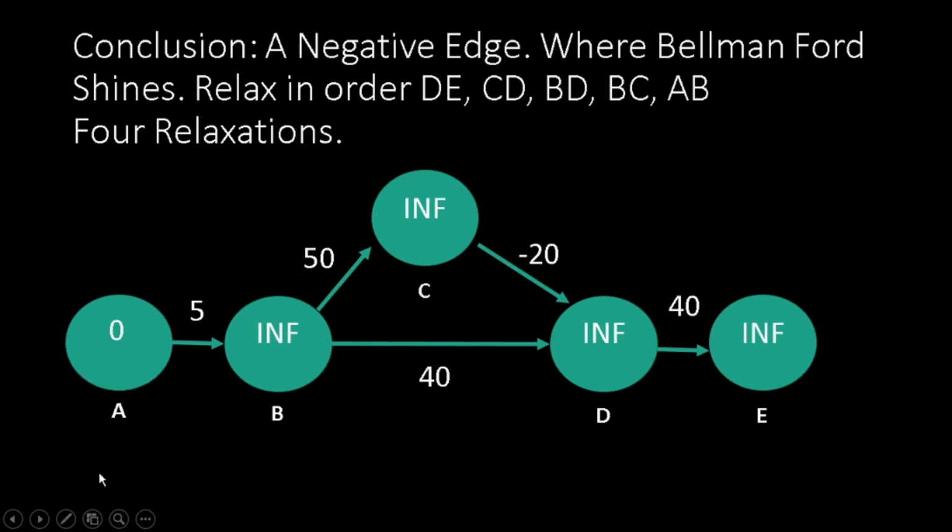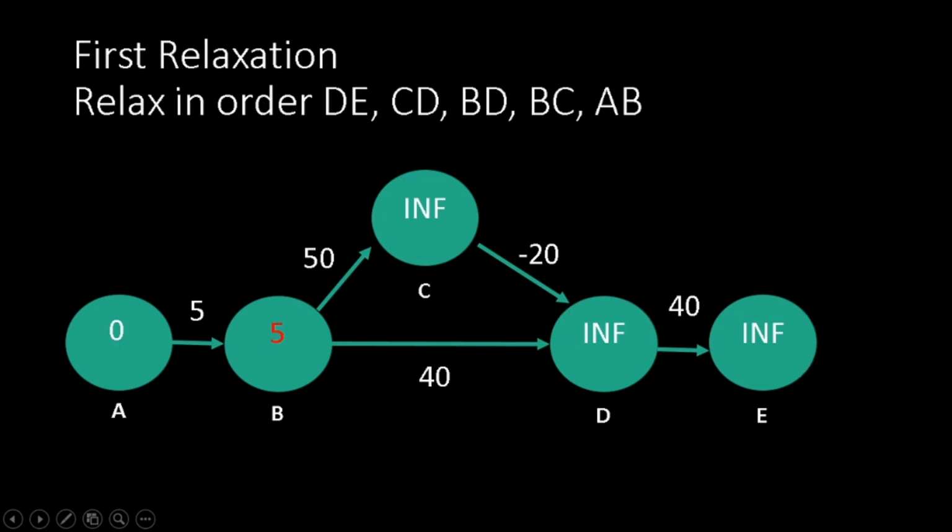And what is the order? We'll first attempt to relax D, E, then we'll attempt to relax D, then we'll attempt to relax B, finally C, and then A. Okay? Let's go. So first step, let's look at DE. In case of DE, nothing happens. Why?